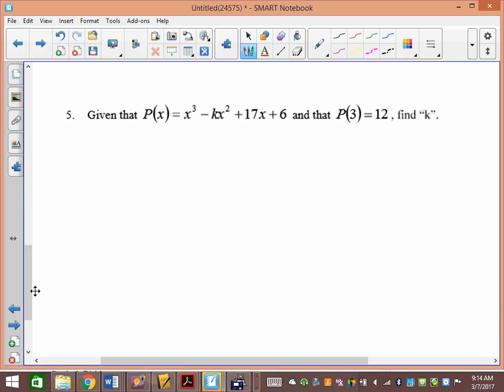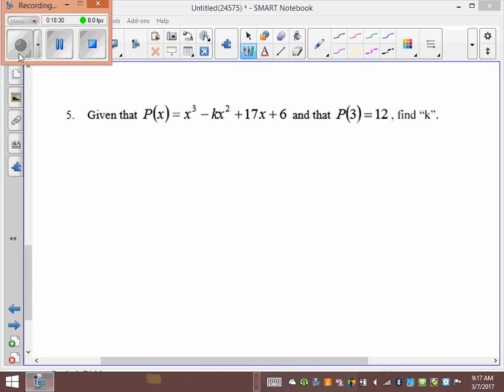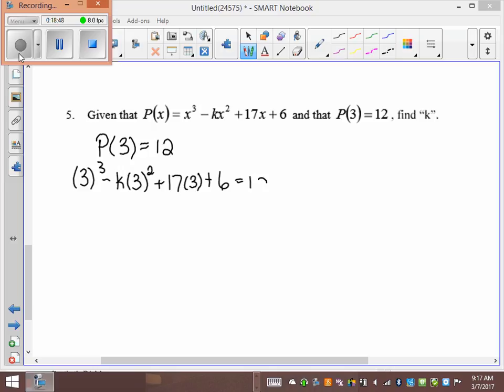Okay, I want you guys to try this one. So we have p of 3 equals 12. P of 3 means I'm going to fill 3 into the polynomial. So 3 cubed minus k times 3 squared plus 17 times 3 plus 6 equals 12. 3 cubed is 27.